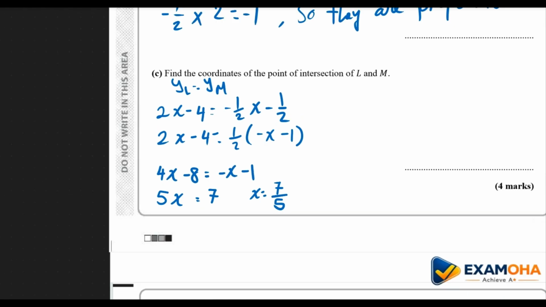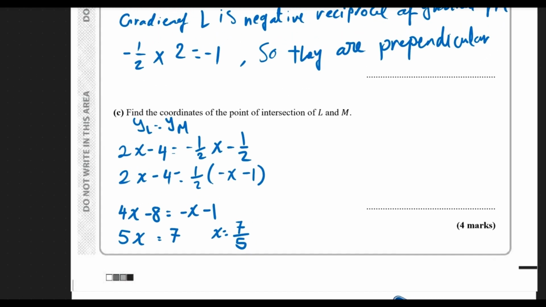So now, since we got the value of x, what we should do to get the value of y is substitute the value of x into any equation, whether the equation of line L or line M. So now substitute, for example, into line L, so it would be 2 times 7 over 5 take away 4 equals y.